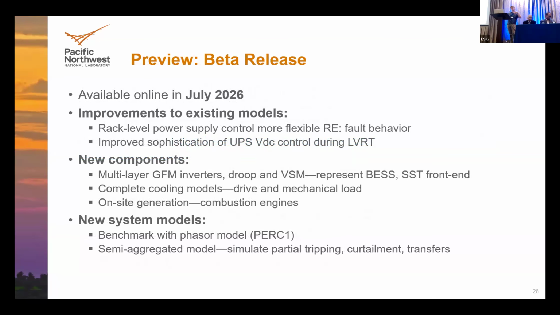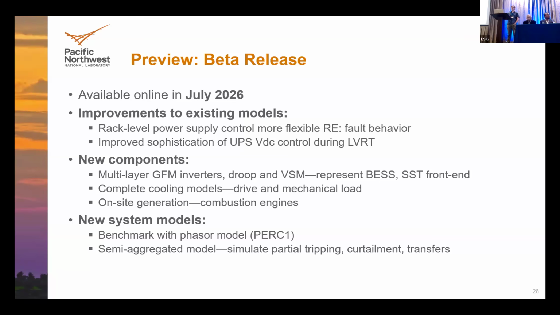It came out back in January. The new version is going to come out in July, pending approvals. It's got improvements to existing models, so a lot more flexibility on the different kinds of fault response that you can represent, more sophisticated coordination between energy storage and the UPS and rack level power supply front ends, as well as a number of new components, more sophisticated grid forming controls, which you could use for either energy storage or the front end controls for certain SST designs, more complete cooling models, and then some reciprocating internal combustion engine models as well.